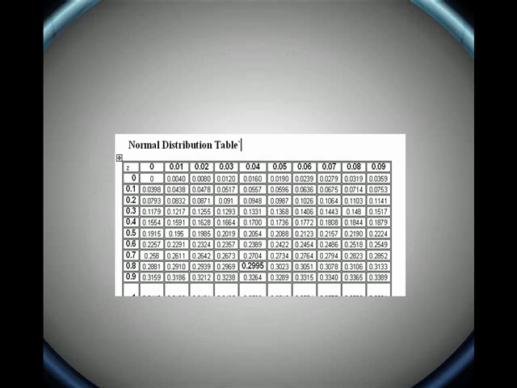So here we are with a portion of the z-table. And you can see that the closest number to 0.3 is 0.2995. And if you back your way out to a z-value, it's 0.84.